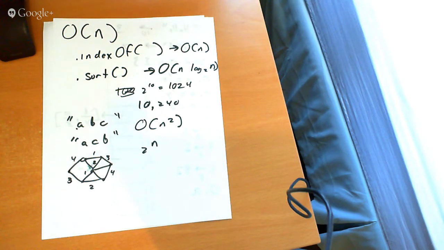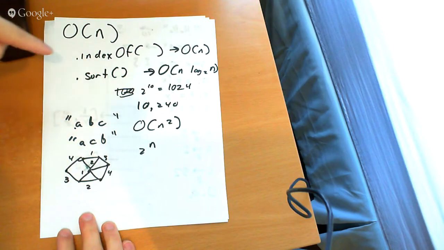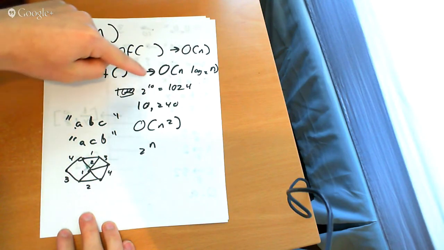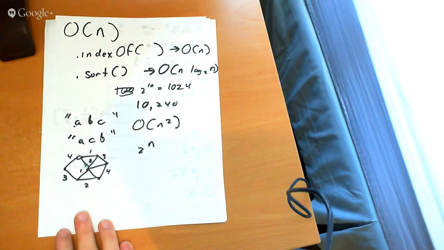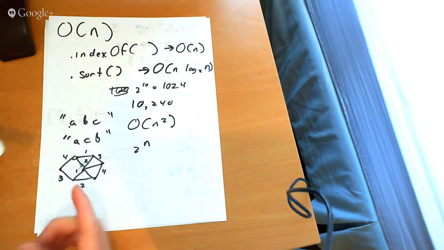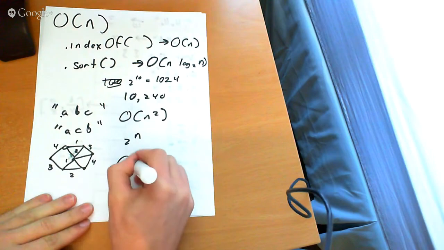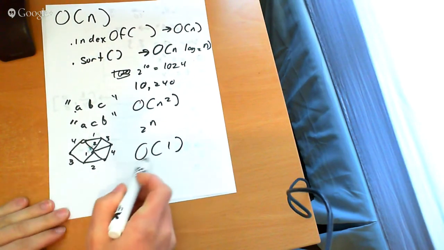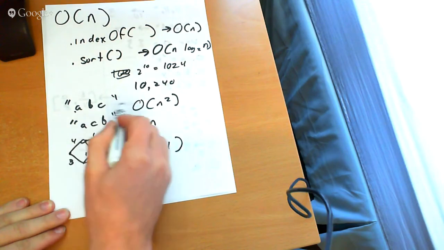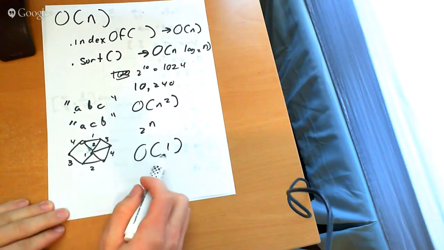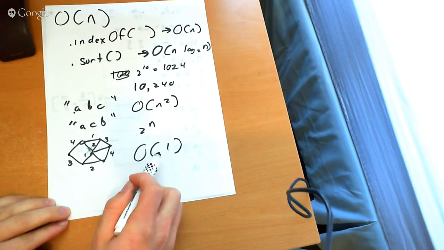So yes, typically you use better algorithms to accomplish a problem that have a lower value. Order 1 is the best, right? That's the fastest. That means it's constant time. No matter how big your set gets, no matter how much data, how many nodes, how big your string, that always takes the same amount of time.